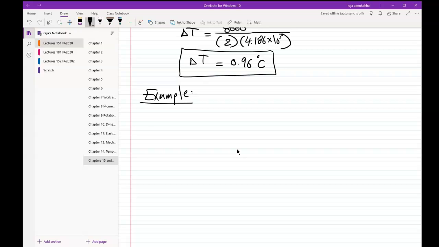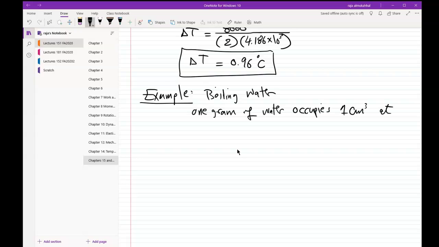The example, the title here is boiling water. It says that 1 gram of water occupies 1 centimeter cubed at atmospheric pressure, at 1 atm.